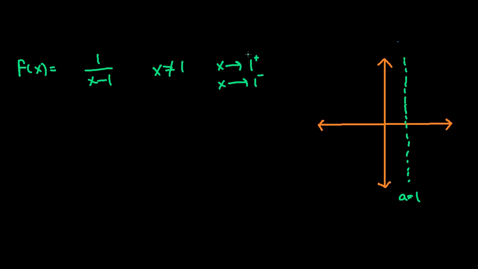And what I'm going to do is make a table and try to illustrate what is happening with that. And first, let's approach 1 from the right.